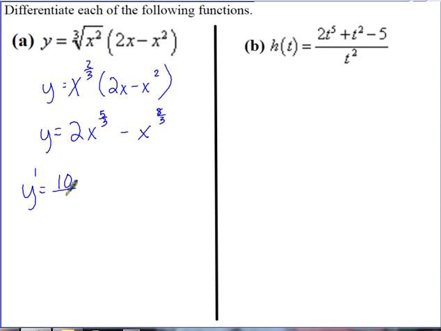So 10 over 3, x to the... Now when I'm subtracting 1 from 5/3, do I think of it as 1? What do I think of it as? 3 over 3. So what's 5/3 minus 3 over 3? 2/3. So you get 2/3. Okay? Minus 8/3 x to the 5/3.